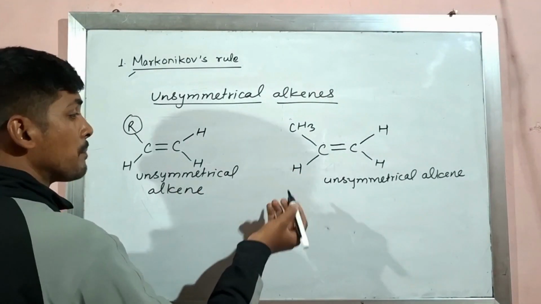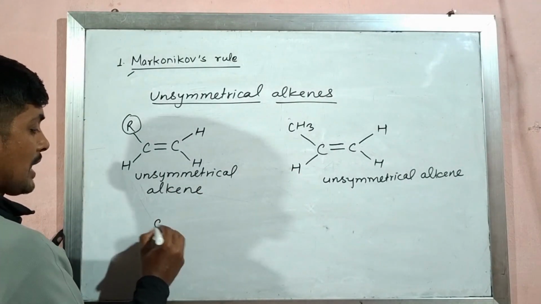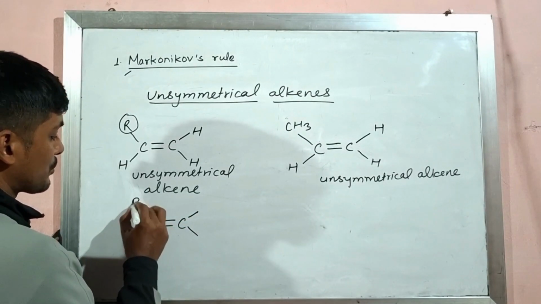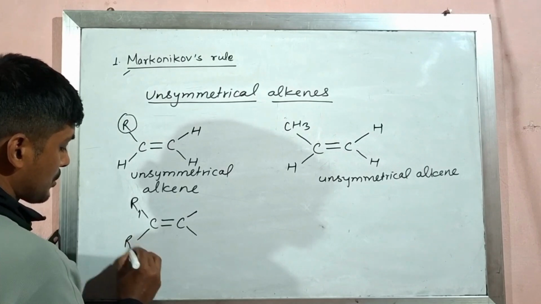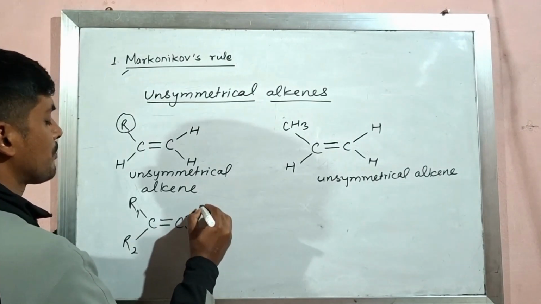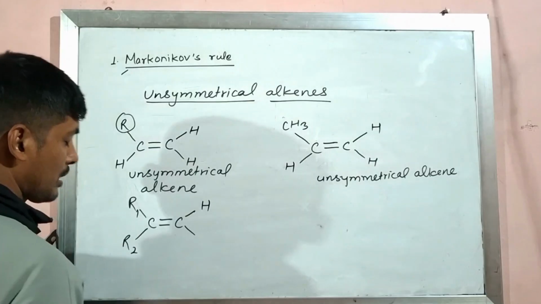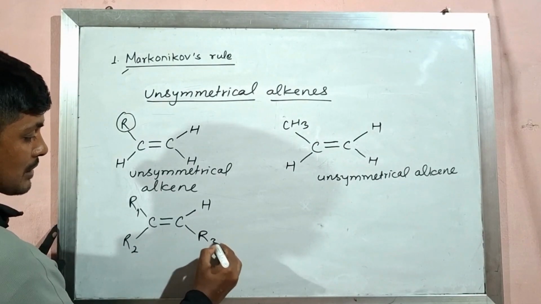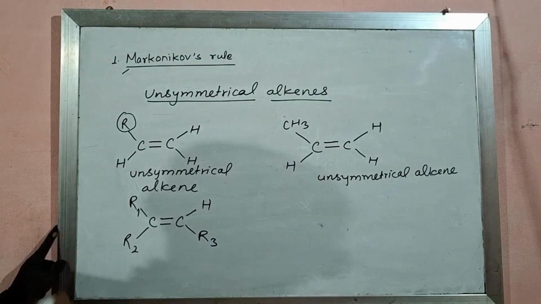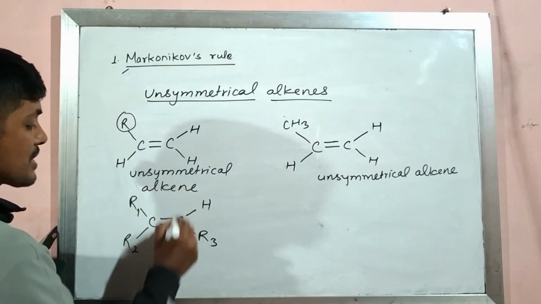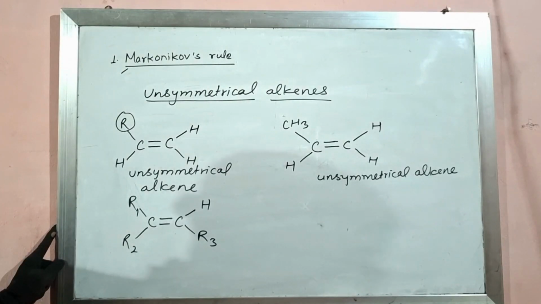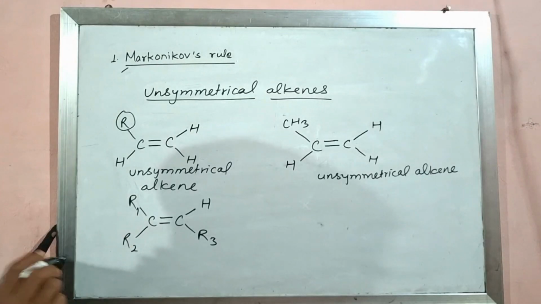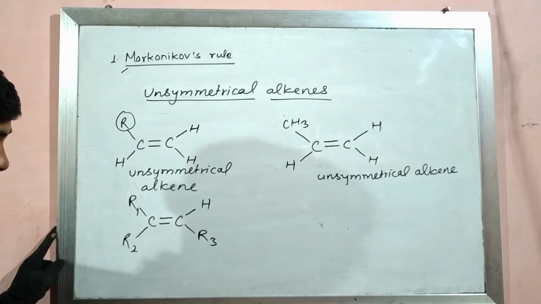Or if the alkene has two alkyl groups, R1 and R2, on one carbon, and the other carbon has a hydrogen atom and, suppose, R3 in the other branch, then this is also an unsymmetrical alkene. So basically we apply Markovnikov's rule in the case of unsymmetrical alkenes.